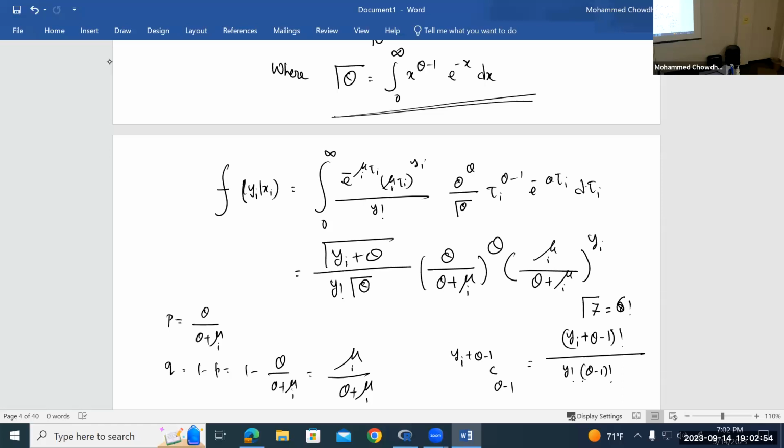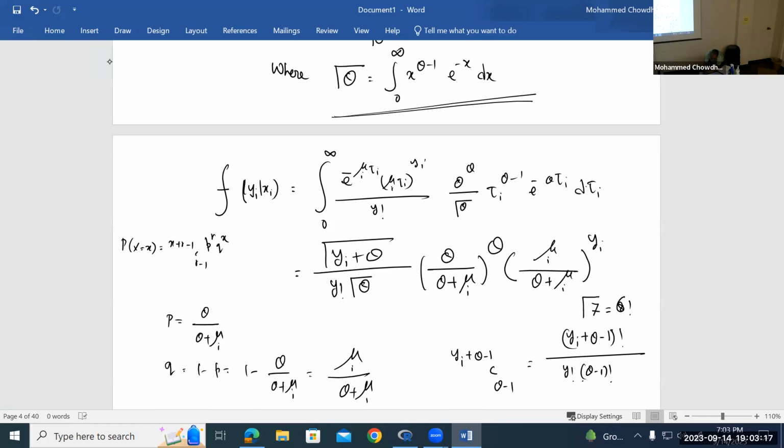So this is similar to the negative binomial distribution. Originally, the negative binomial distribution was P(X = x) equals x plus r minus 1 choose r minus 1, p to the power r, q to the power x.